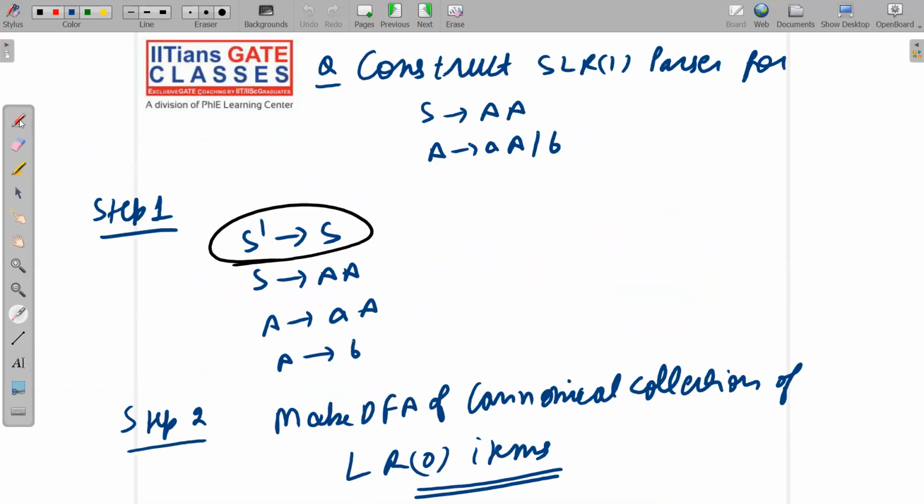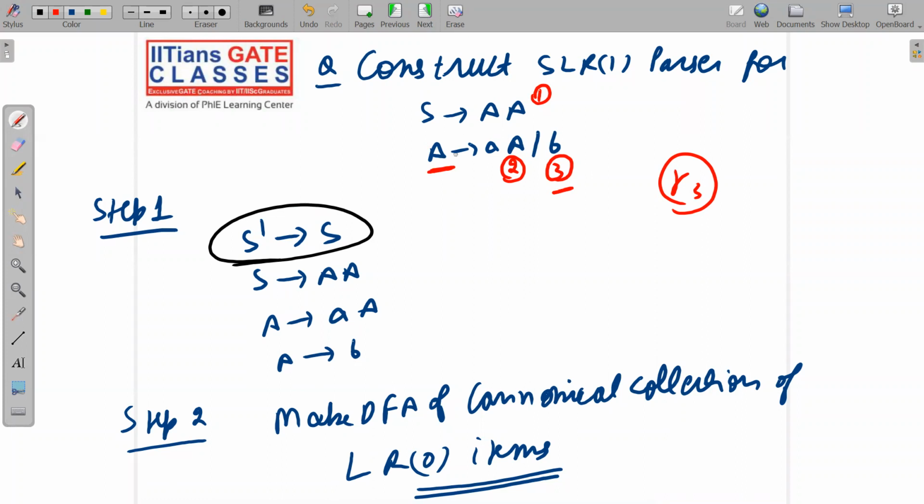I will label the productions: production number 1, 2, 3. A goes to B is production number 3, so I will put R3. But where? I will put it in follow of LHS.